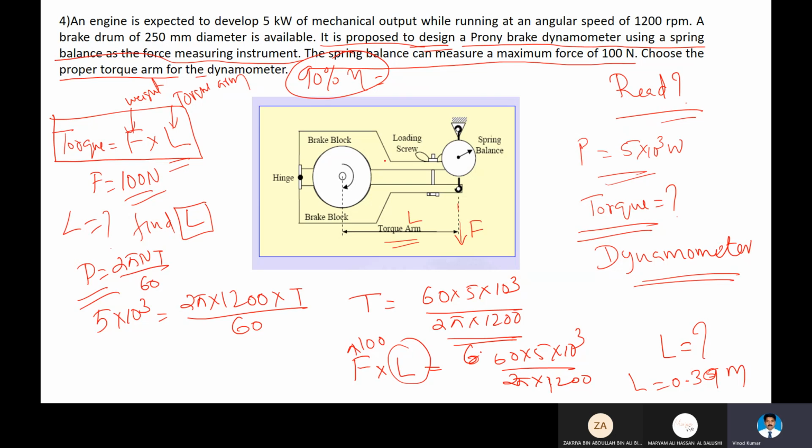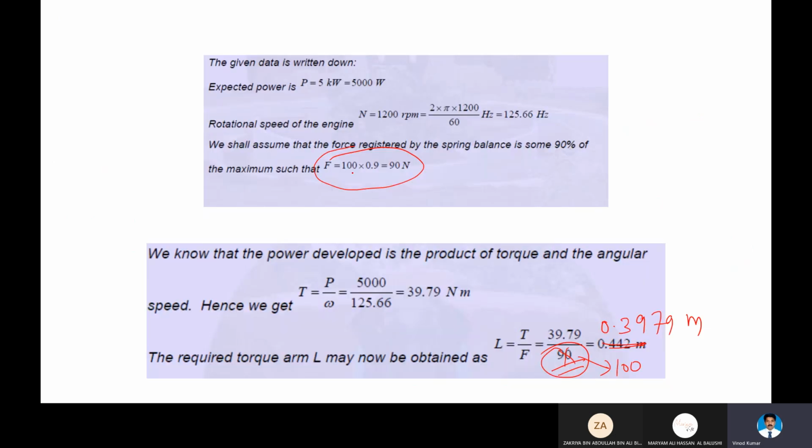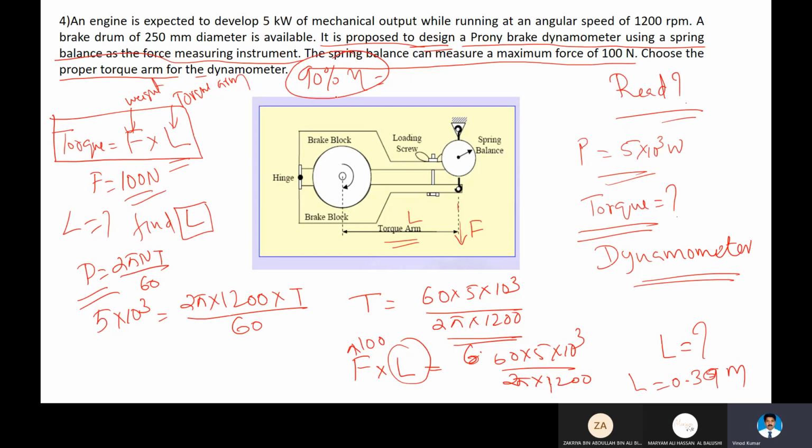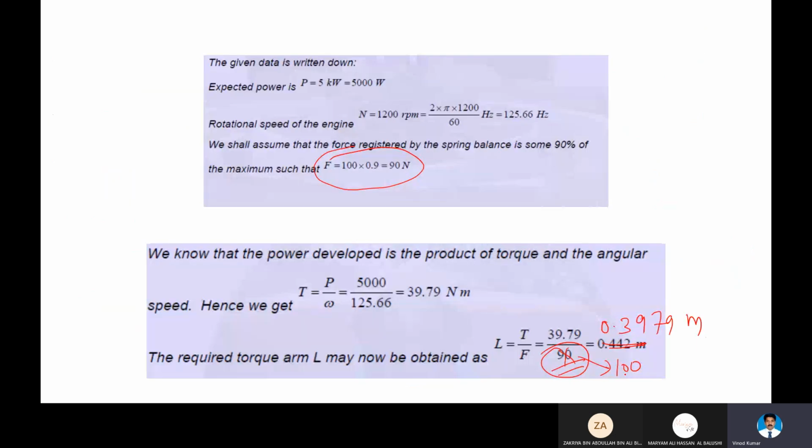Such systems are very rare, but still here they assumed the efficiency as 90% and calculated based on the assumed efficiency. But if I am not giving it in the question, you don't need to use efficiency. You can directly use 100 and calculate it.